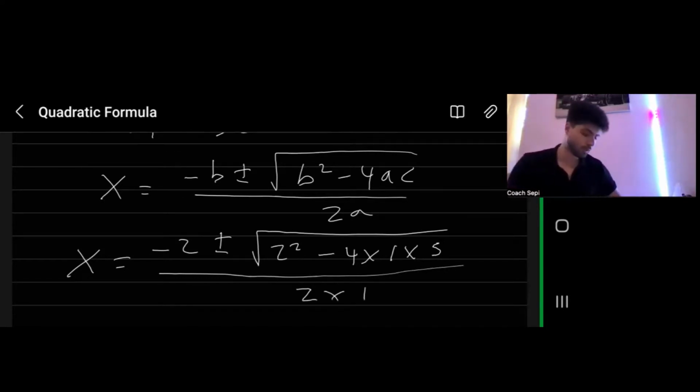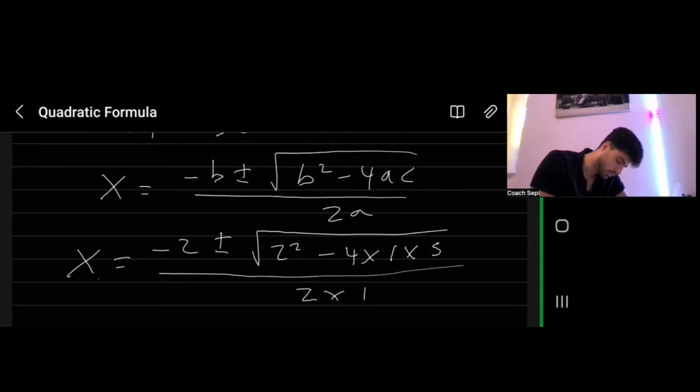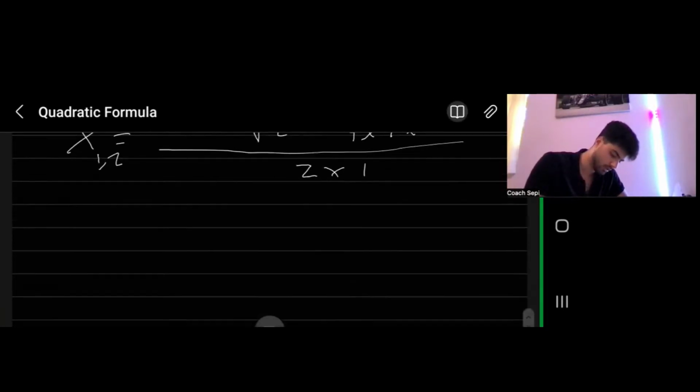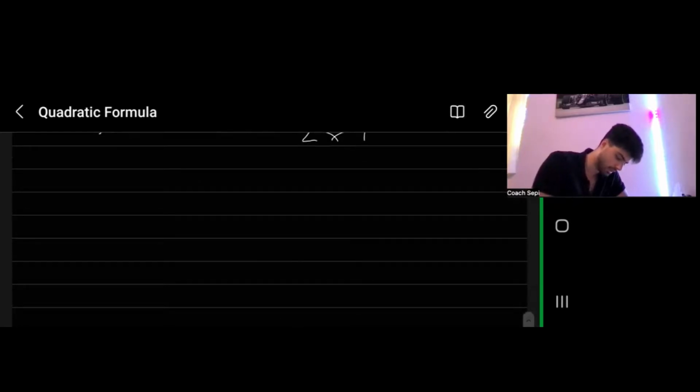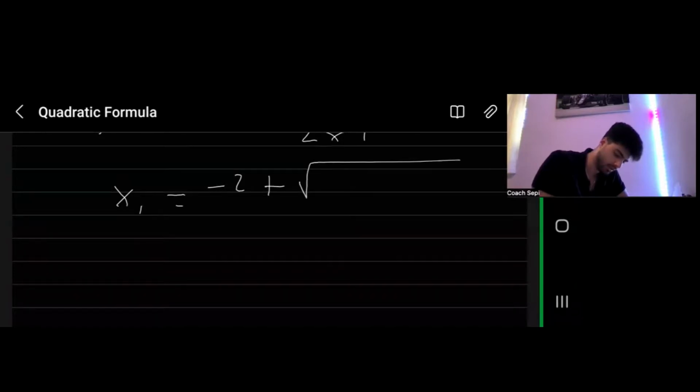Now, critically, you need to remember this plus minus means there's two scenarios, because I explained to you already there's an x1 and an x2 here. So for x1, you would have x1 equals minus 2 plus only square root 2 squared minus 4 times 5 times 1 over 2 times 1.